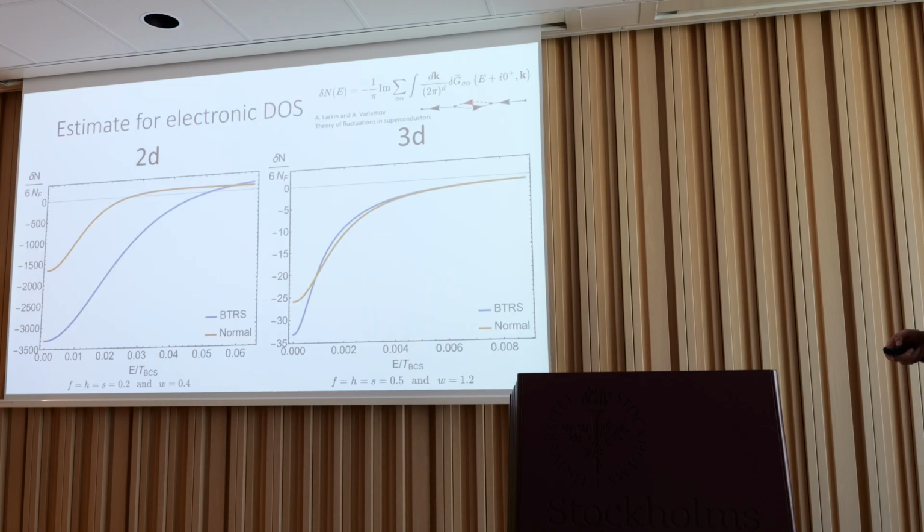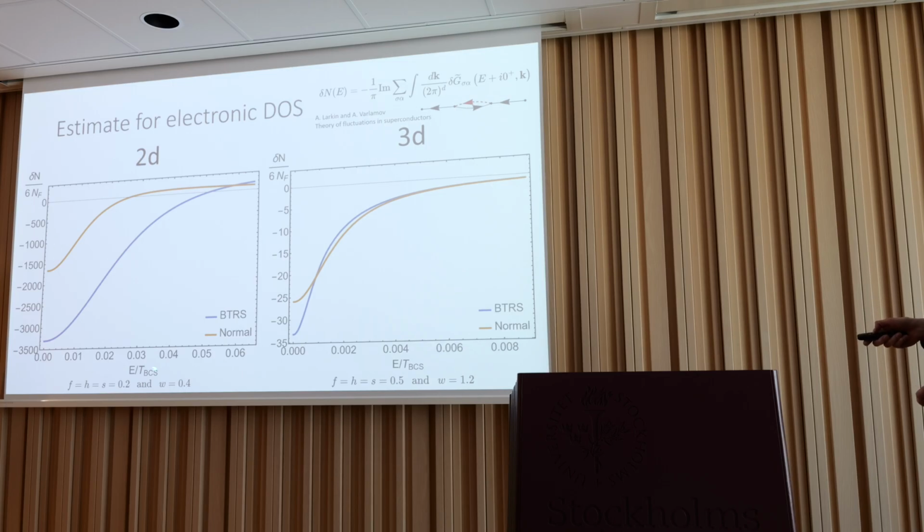Right, so I also estimated what the electronic density of states due to this propagator looks like, and I just took this formula. The point here is that this is only a first order estimate, so only this diagram is included when calculating this Green's function. So for example, this is again 2D and 3D systems, and this plot should be symmetric for negative energy.